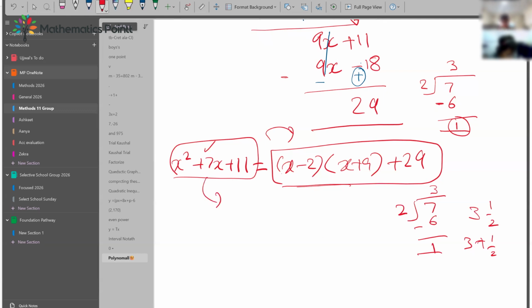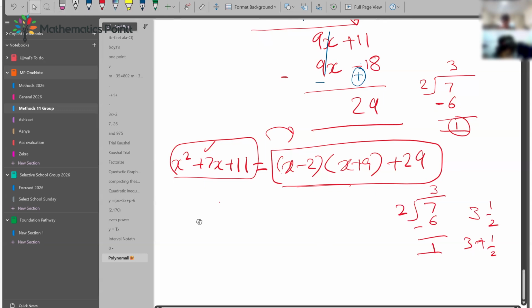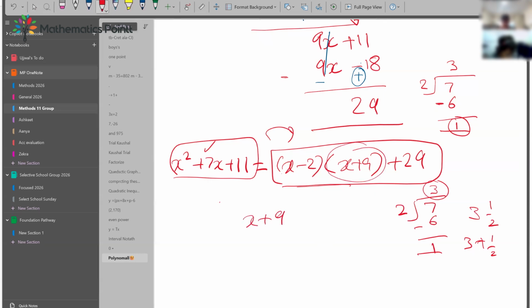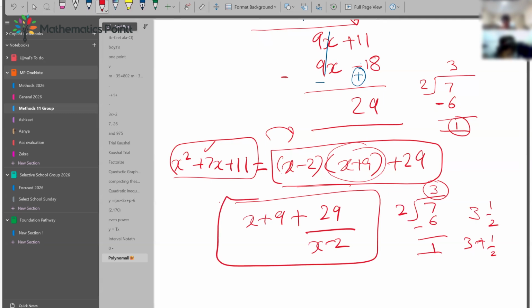So I can write my whole polynomial division as my quotient, x plus 9, plus the remainder over my divisor. Is this clear, everyone? That's what polynomial division in its very simplistic terms is all about. Right? Cool.